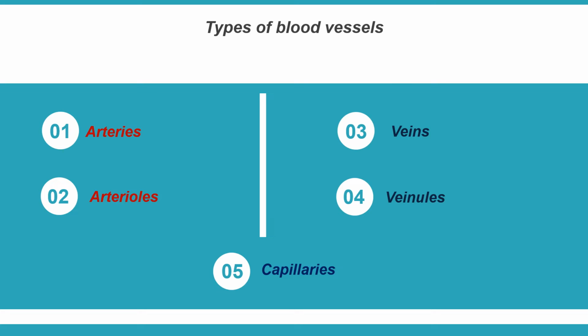There are different types of blood vessels that participate in the circulatory system. These are arteries, arterioles, veins, venules and capillaries. They have different sizes and different functions.